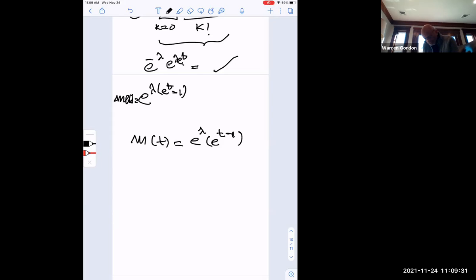Now, if you compute m prime of 0, I'll do it for you in the text, it will turn out to be lambda. And m double prime of 0, I don't remember what it turns out to be.